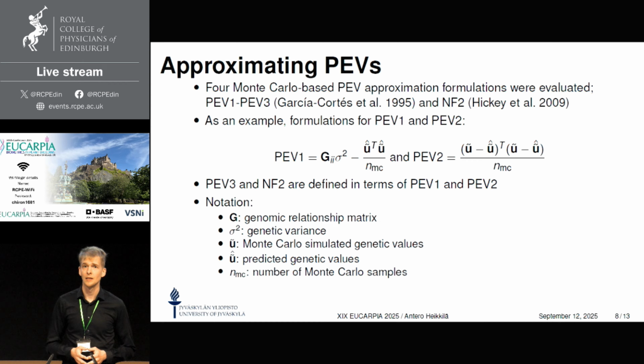Those formulas use the simulated genetic values, predicted genetic values, genomic relationship matrix, genetic variance, and are also dependent on how many Monte Carlo samples we used. The 2 other formulas, which are not shown here, are functions of BEV1 and BEV2.